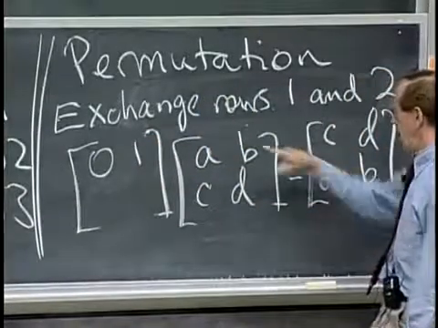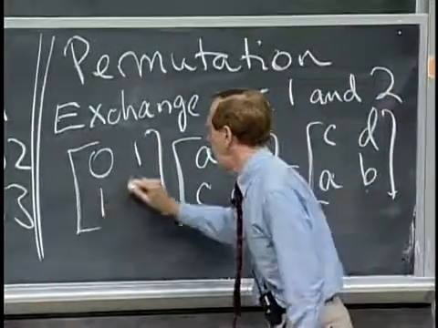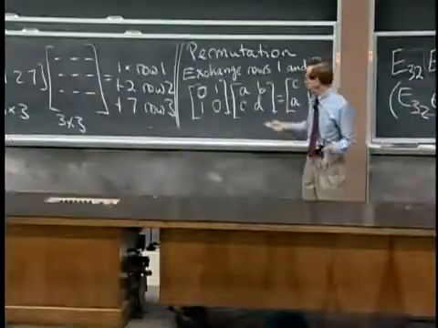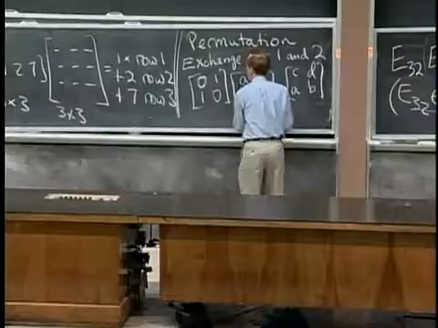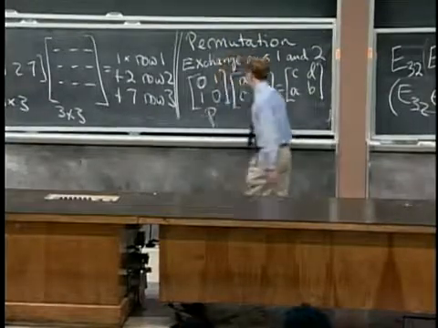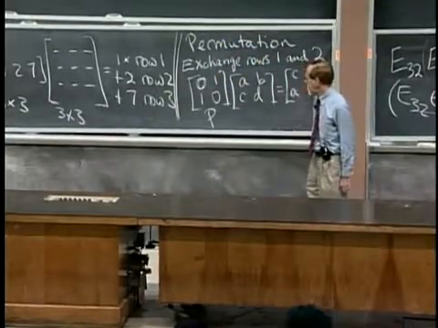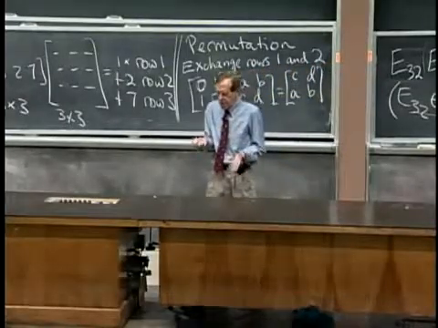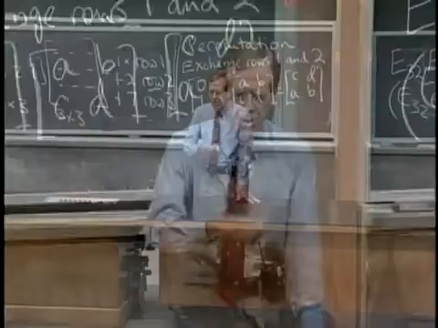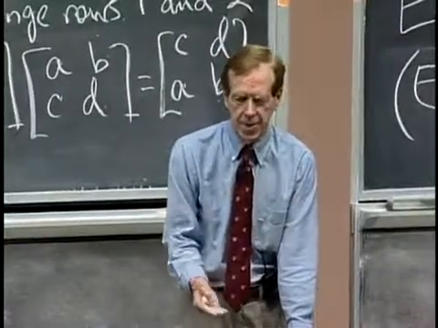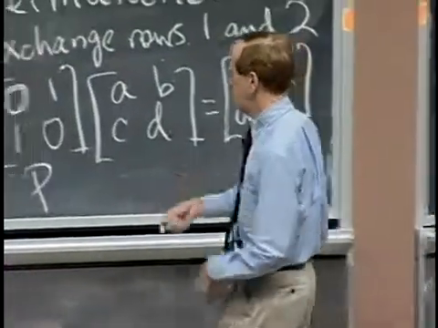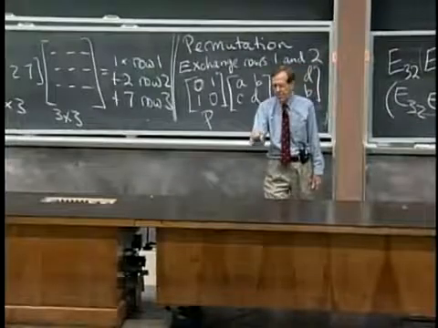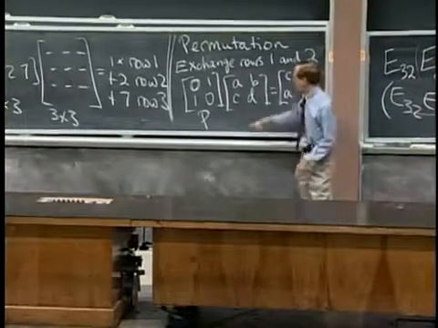And the row I want here is up top, so I take one of that. This is my matrix that I'll call P for permutation. Actually, the easy way to find it is just do the thing to the identity matrix, exchange the rows of the identity matrix, and that's the matrix that'll do row exchanges for you.